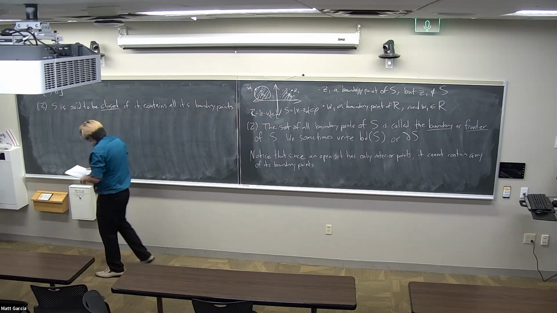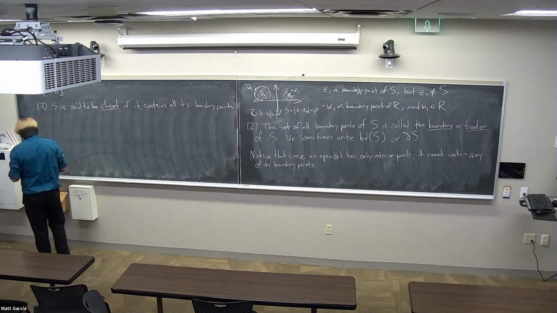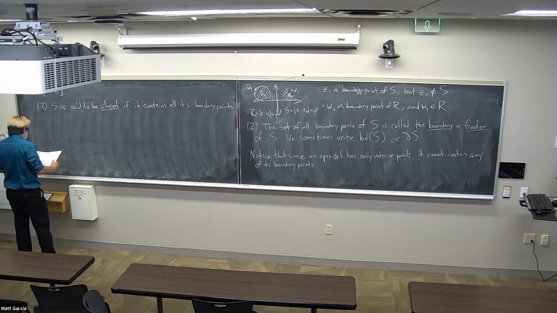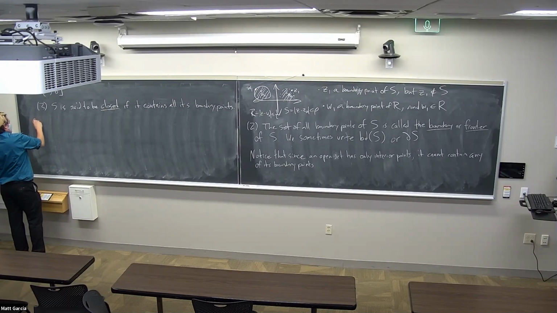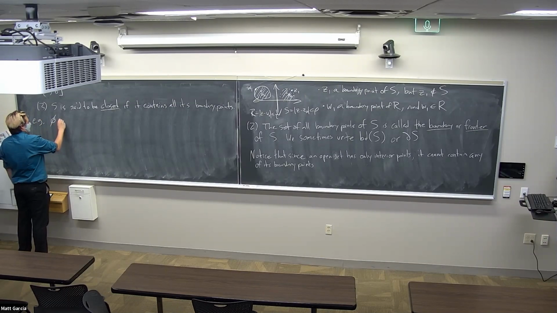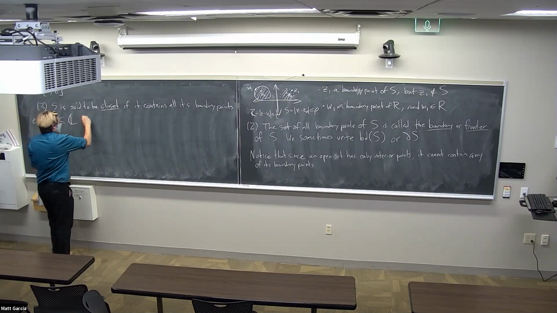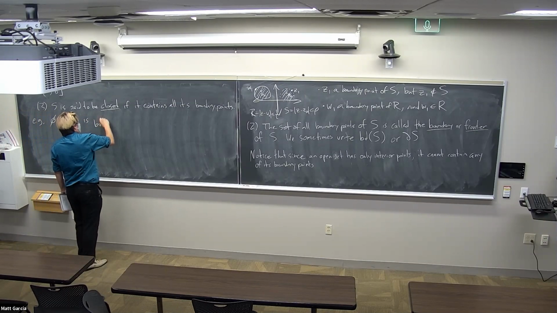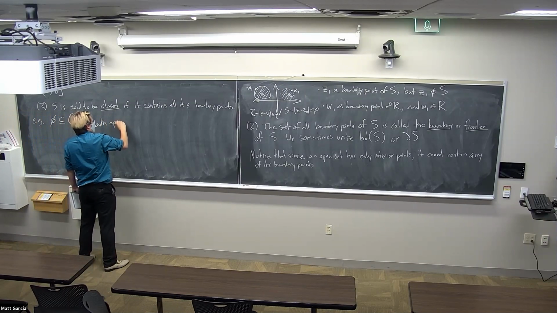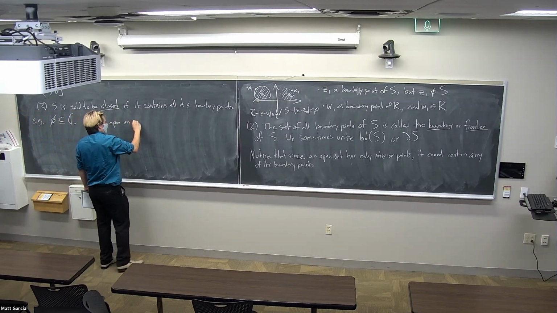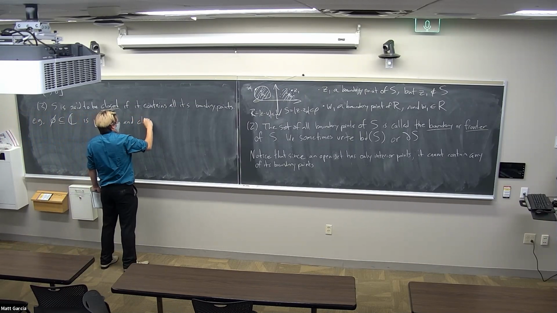Okay, so for example, the empty set, a subset of complex numbers, is both open and closed.